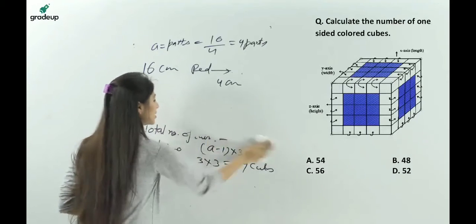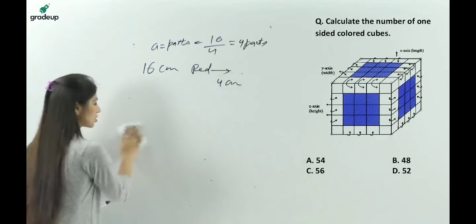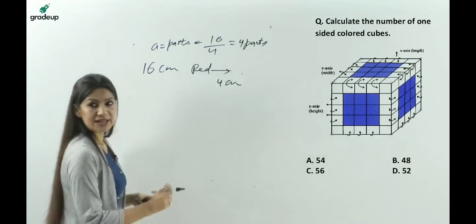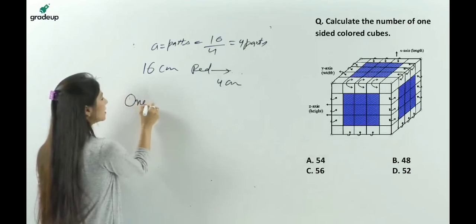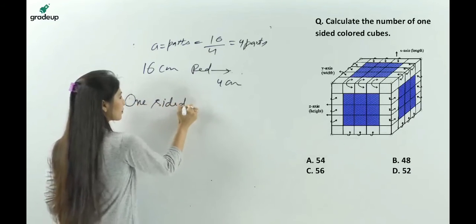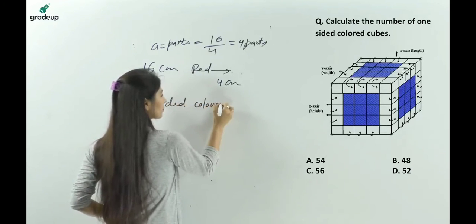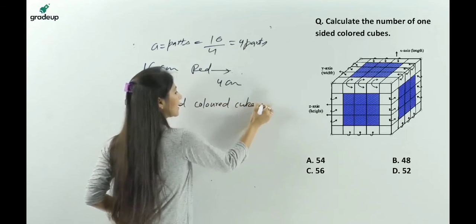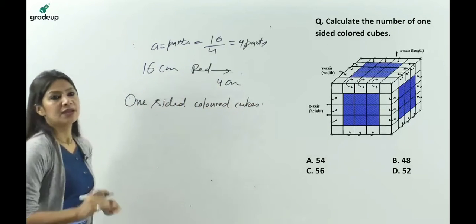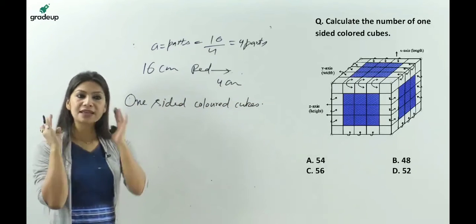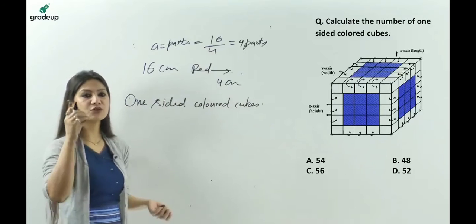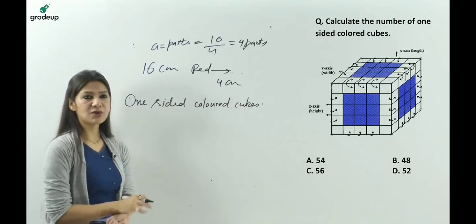Now the next point, for the same question, is to calculate one-sided colored cubes. If somebody is having the formula in their mind, they can write it, put the value and then solve the question.